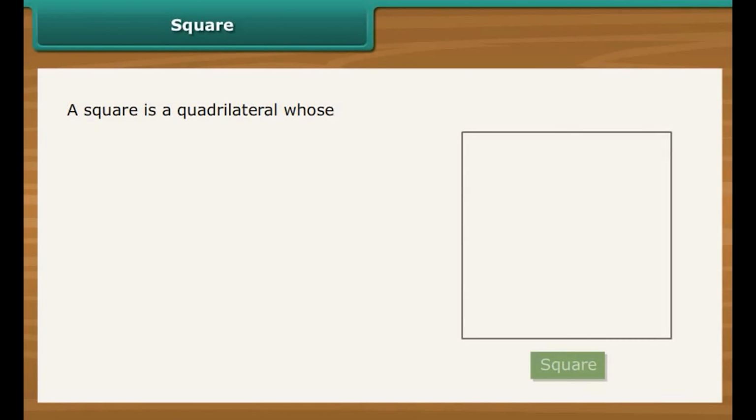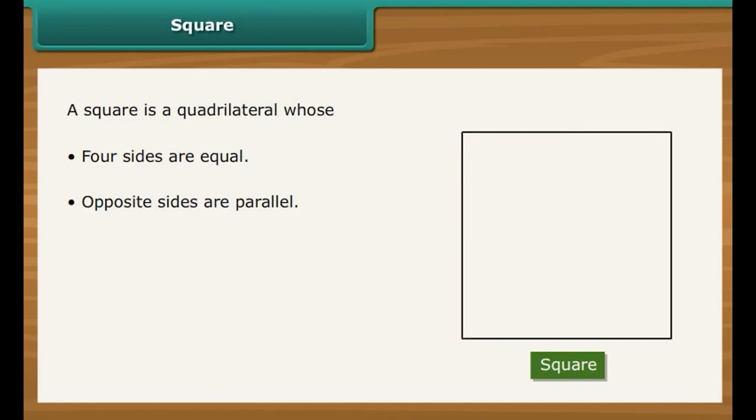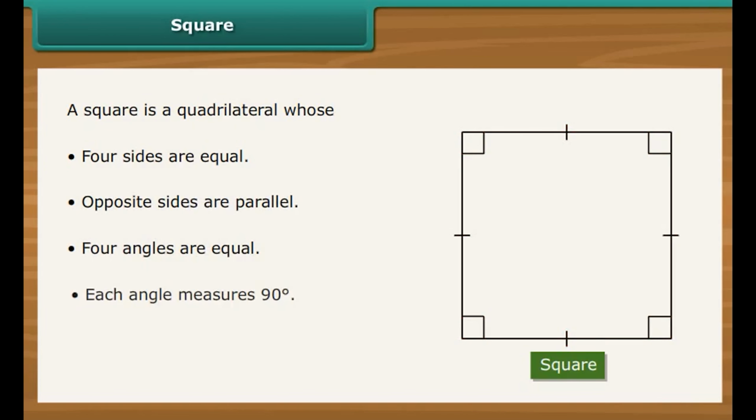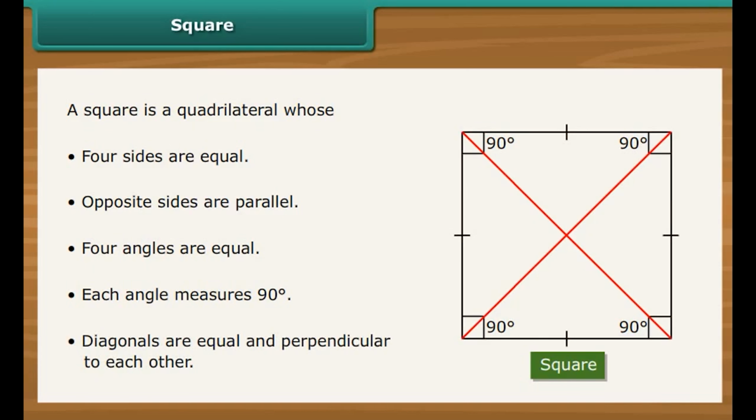Square. A square is a quadrilateral whose 4 sides are equal, opposite sides are parallel, 4 angles are equal, each angle measures 90 degrees, diagonals are equal and perpendicular to each other. Parallelogram.